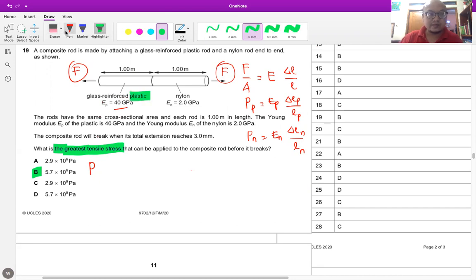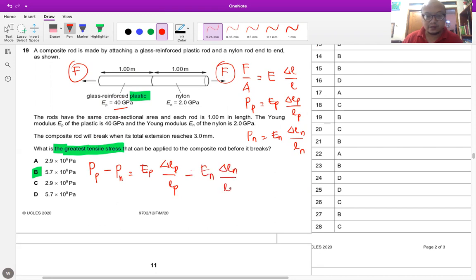So we can say P plastic minus P nylon equals A plastic delta L plastic over L plastic minus A nylon delta L nylon over L nylon. And this is about 40 giga, like 10 power 6 here.